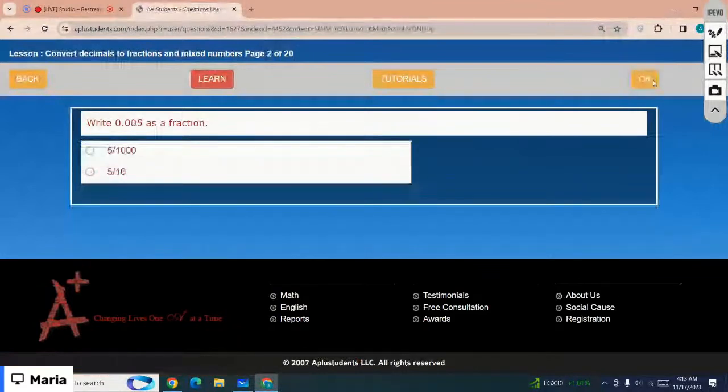Okay, write 0.0005 as a fraction. So which is the correct option? Option 1 or option 2?